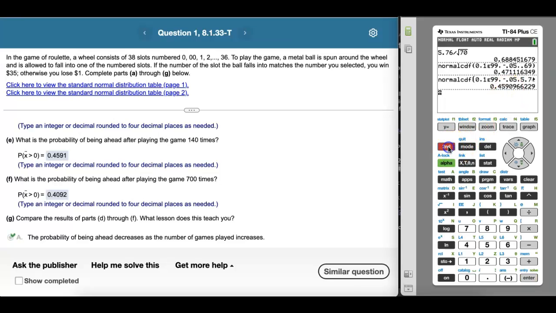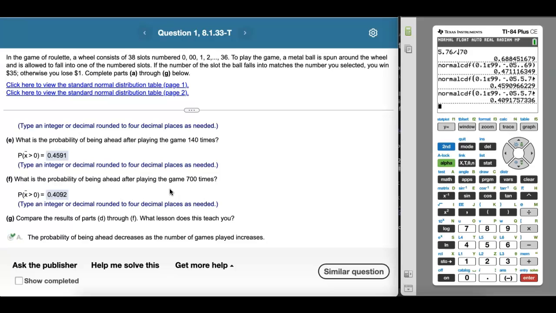Okay, so we get this probability, 0.4591. Now when I go back and do that again for a sample size of 700, let's say you're playing 700 times, a little bit smaller, 0.4092. So what happens? What does this teach us?